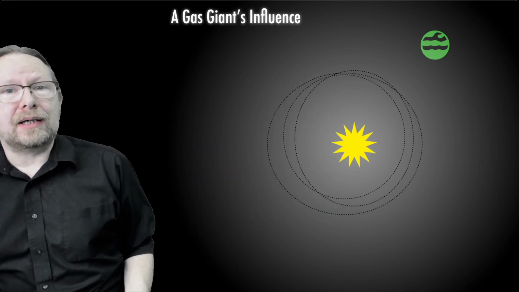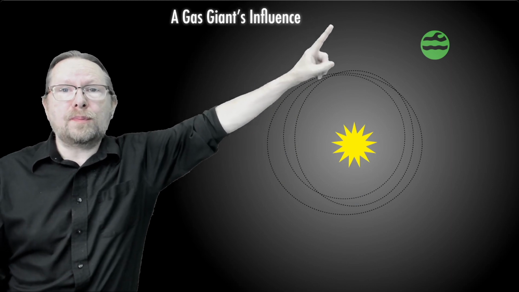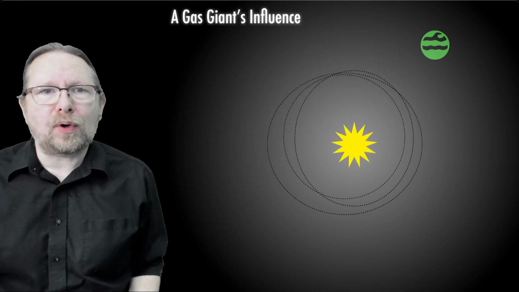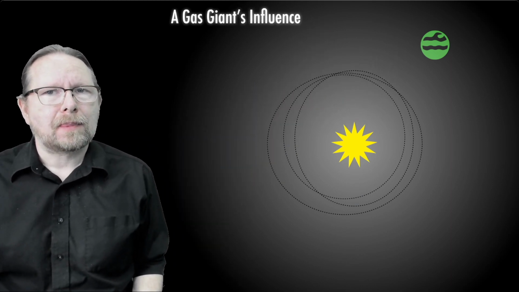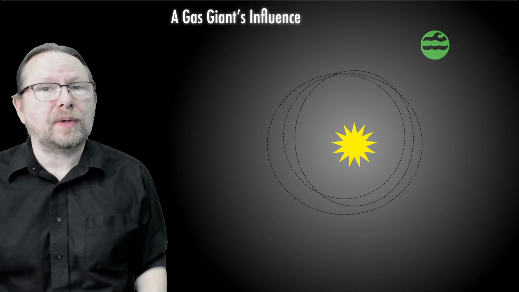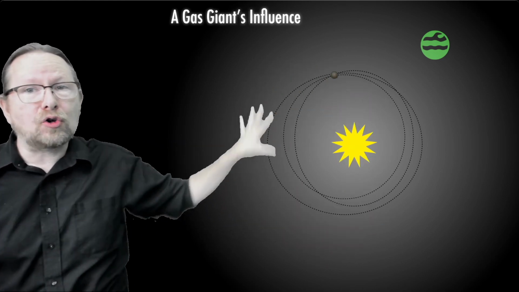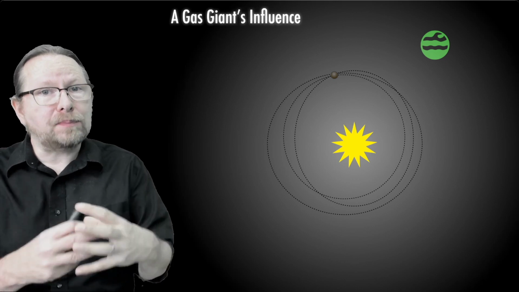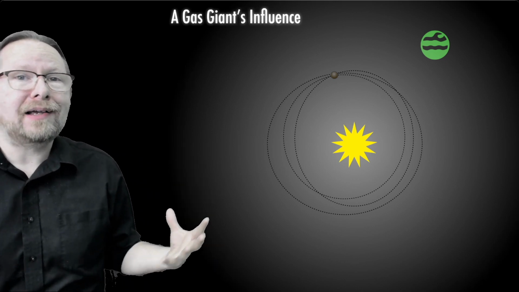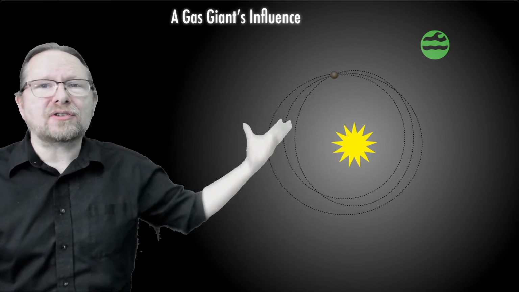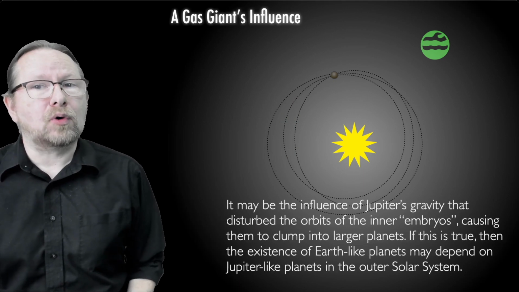So it might be that the presence of Jupiter at that particular point in our solar system, just outside of the orbit of the terrestrial planets, helped to yank around the orbits of the terrestrial planets and helped them to grow by moving them into regions of the solar nebula that had more material.